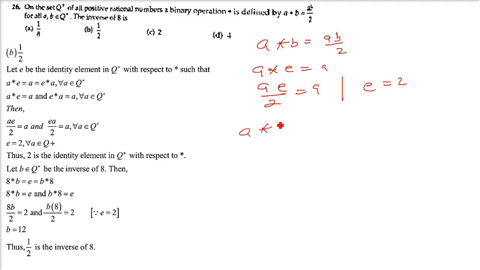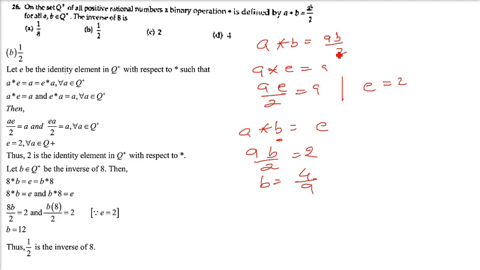Now A star B equals E because B is the inverse of A. AB by 2 equals E, which is 2. Remember, B is the inverse. So B is 4 by A. And we have to find the inverse of what? The value is 8.